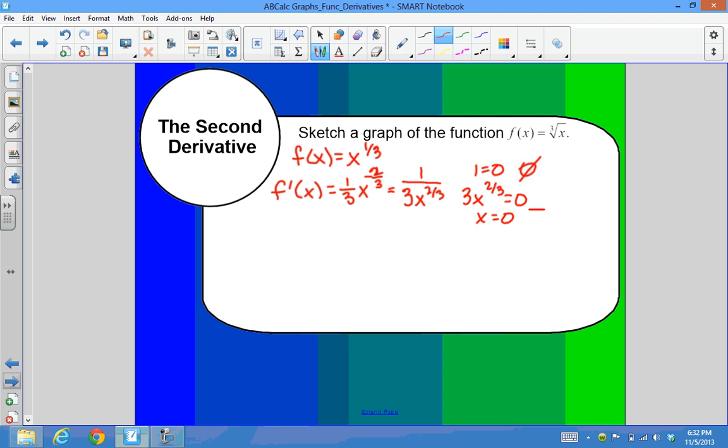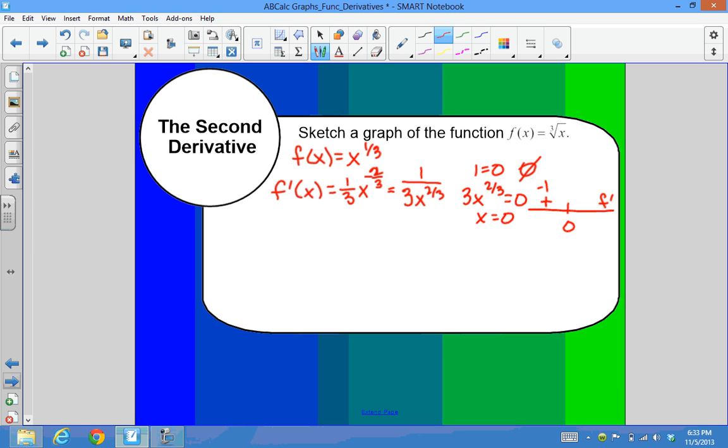Well, let's figure out if we've got a cusp or what's happening here. At 0, I'm going to put that in on an f prime line. Let's plug in something to the left of that, say negative 1. If I put negative 1 into my first derivative, the cube root of negative 1 is negative, squared is positive, and times 3 is a positive value.